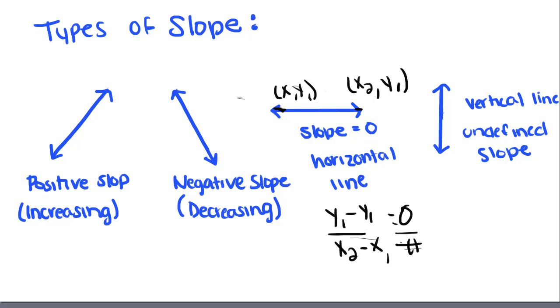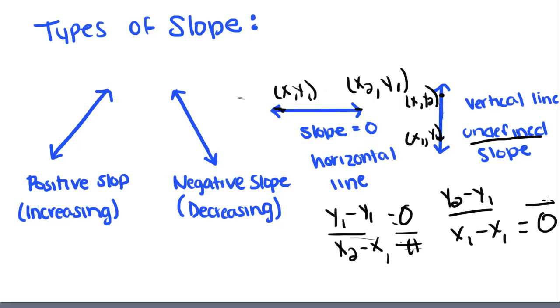If you have a vertical line, it has an undefined slope. Because if you think about it, this point is x1, y1, and this point would have the same x value, but a different y value. So if you were to plug it in the formula, you'd get y2 minus y1 over x1 minus x1.